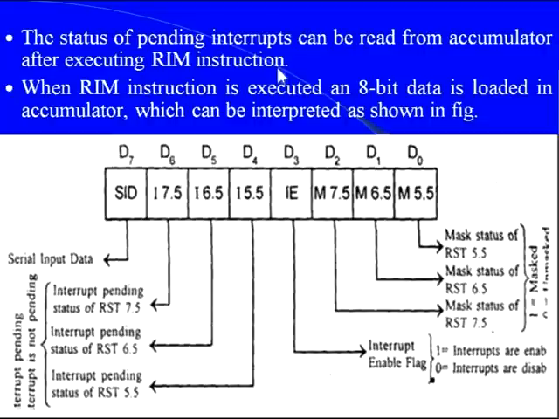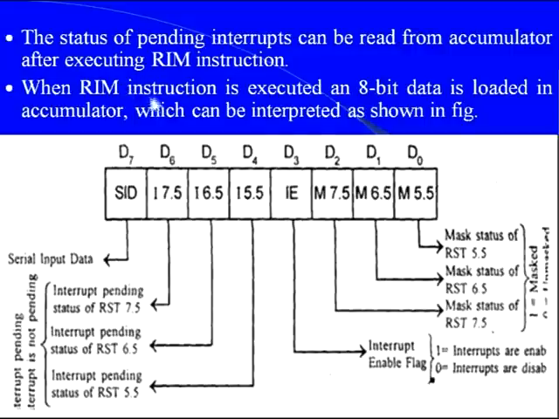The priority for 6.5 is more than 5.5, so the microprocessor will immediately route the execution to the memory location allotted for RST 6.5. In that case, the ISS for RST 5.5 is pending. So this kind of status, whether the ISS for one interrupt is completed or pending, can be known by executing the instruction called RIM.